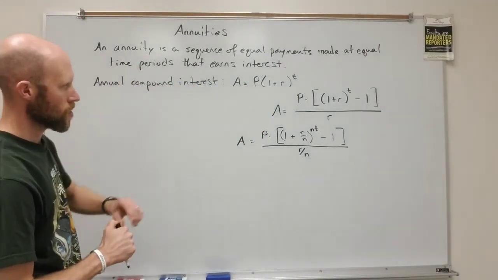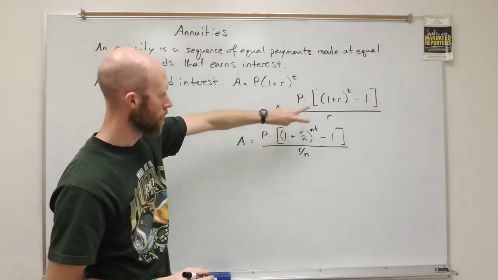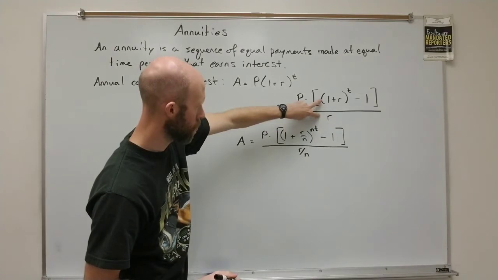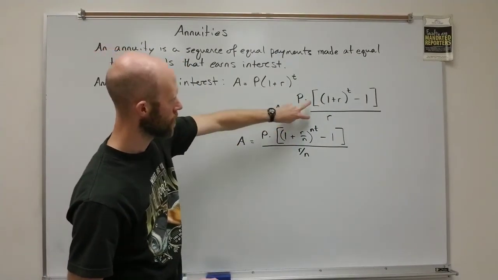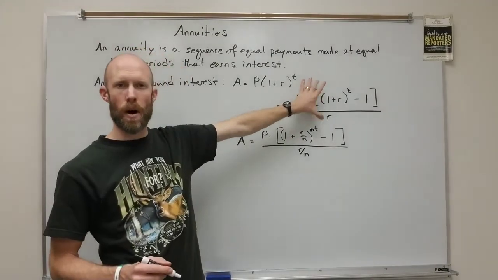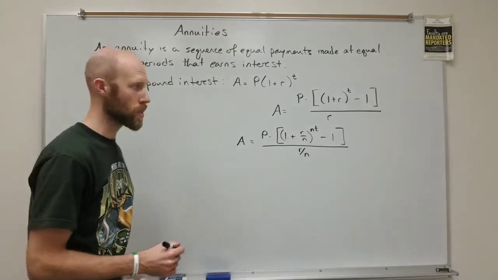Basically, let's just take this top equation. If you were to solve for P, notice that P is a multiplier. P is multiplying this whole fraction essentially. You could peel the P off and just look at it as P times a fraction. Well, how do you solve for P? You multiply by the reciprocal of that fraction on both sides of the equation.